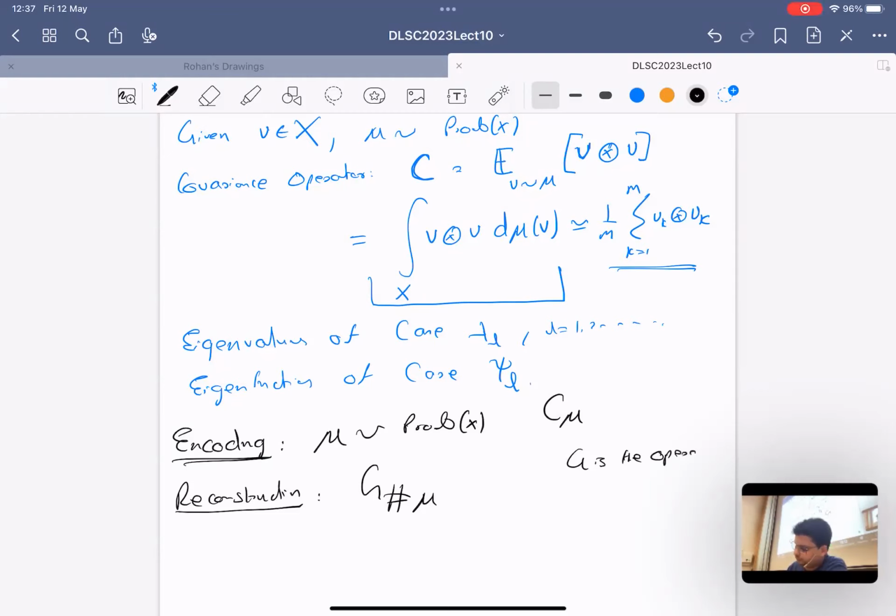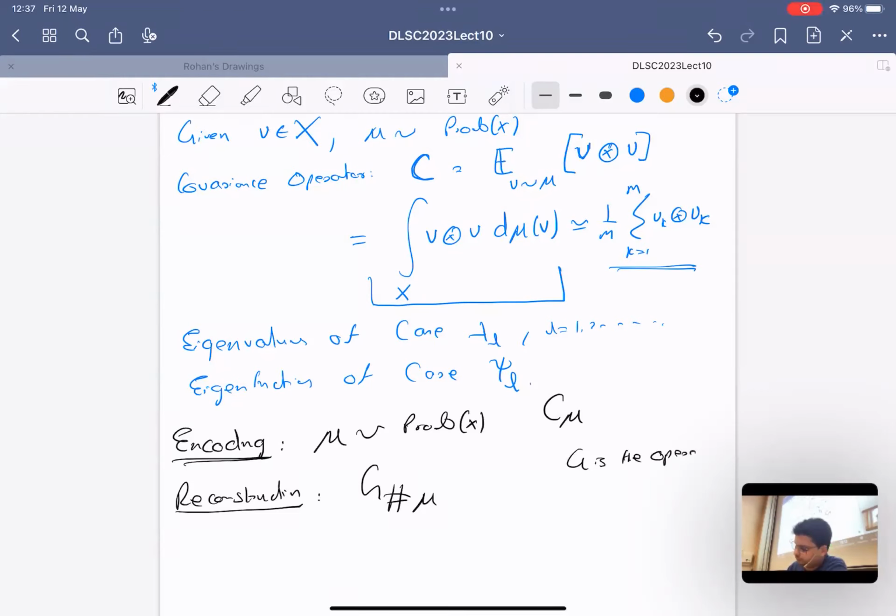This is the same as the integral over X of f(G(v)) d mu(v). So this is the definition, okay? This is just a change of variable, but a change of variable of a more complicated object.